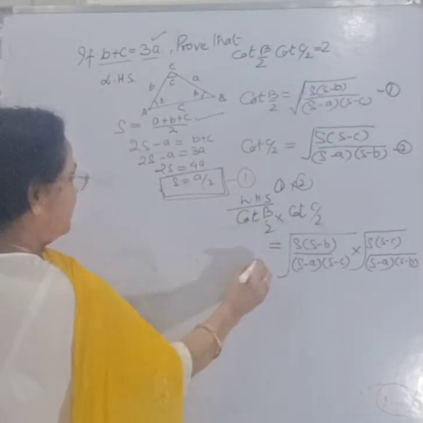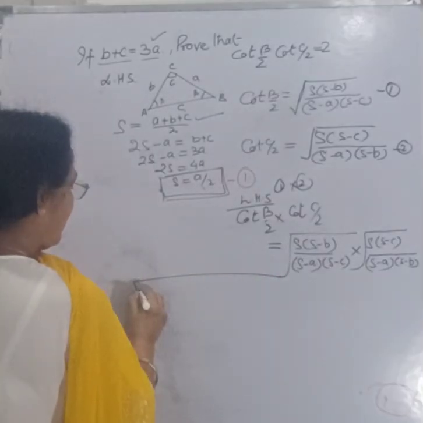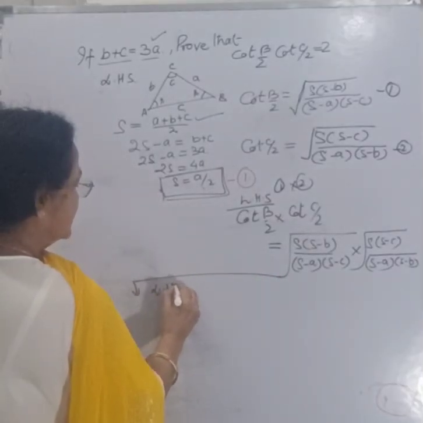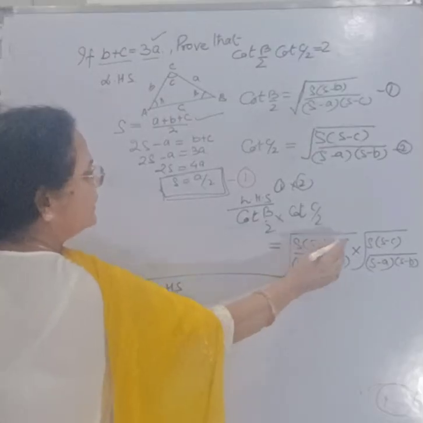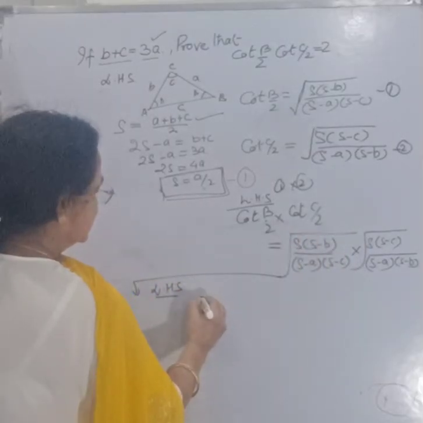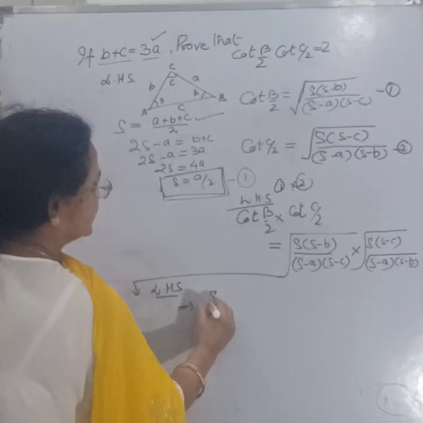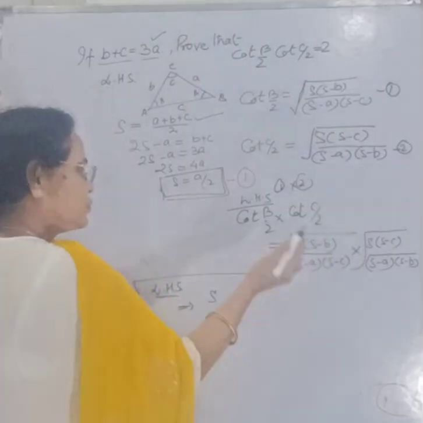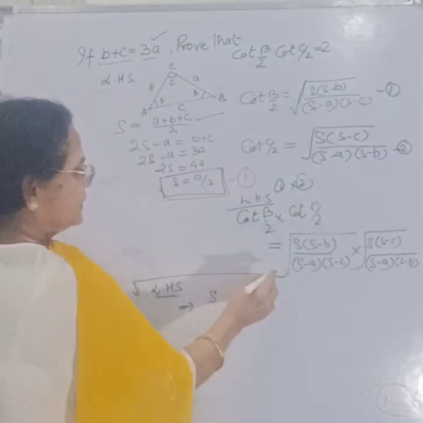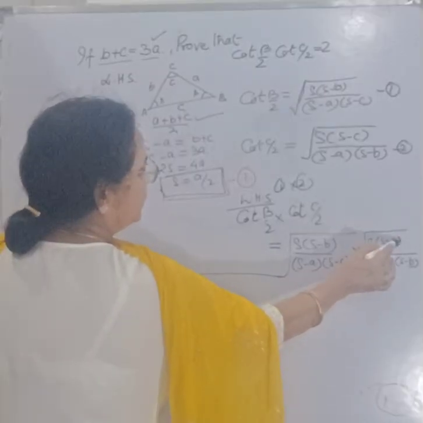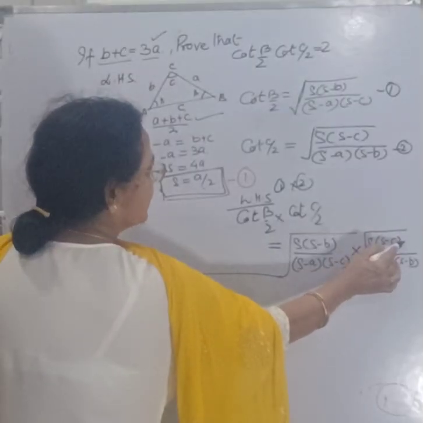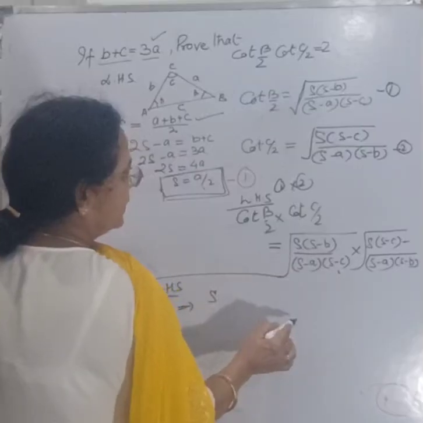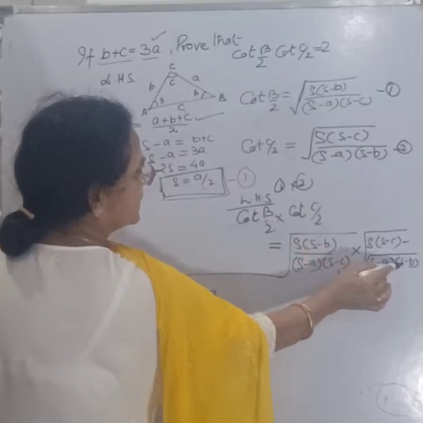Now the left hand side will be equal to S into S, single S under the root squared. S minus C under root gets cancelled with this, and this portion will get cancelled with this.